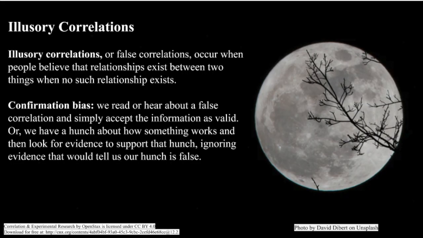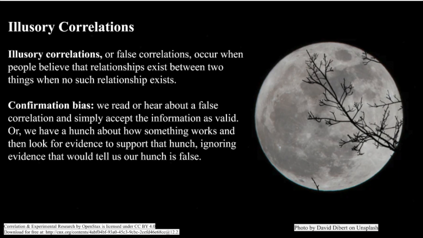Illusory correlations. The temptation to make erroneous cause and effect statements based on correlational research is not the only way we tend to misinterpret data. We also tend to make the mistake of illusory correlations, especially with unsystematic observations.